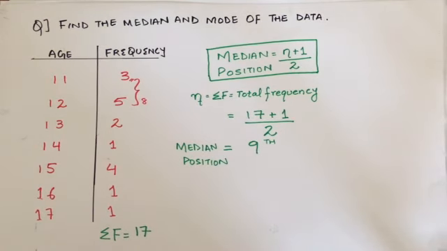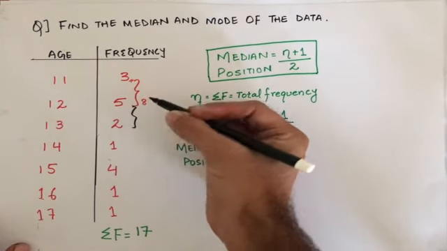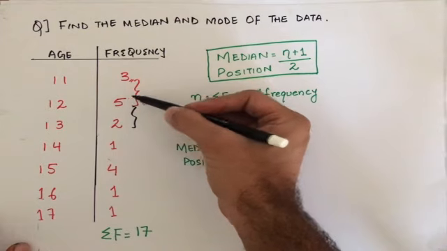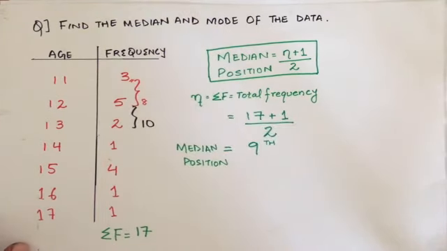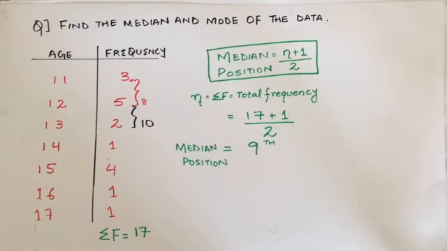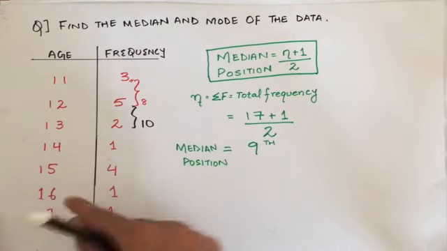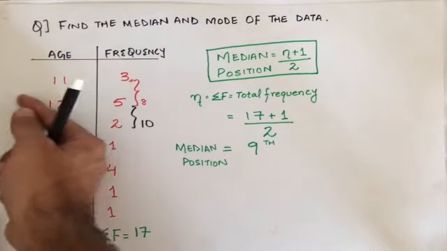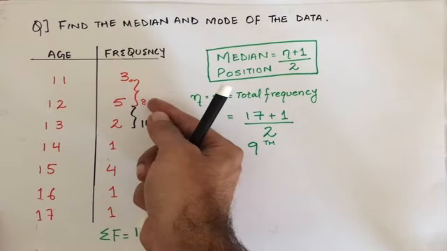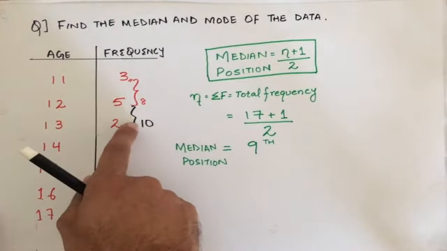So if you go further, 3 and 5 gives you 8, 8 and 2 gives you 10. So that means your 9th position lies over here. So you can see 9th position will lie over here.